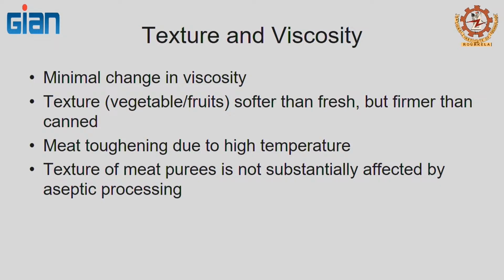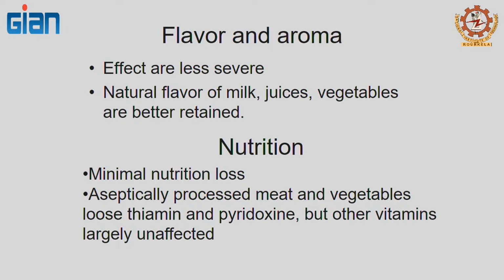Now, in terms of texture and viscosity, aseptic processing has a minimal impact on viscosity. The texture comes out a little softer than fresh, but much better than the canned product, and there may be toughening of meat at higher temperatures, but generally meat purees are not substantially affected by aseptic processing.